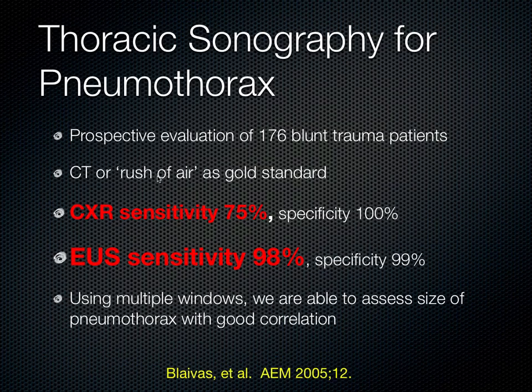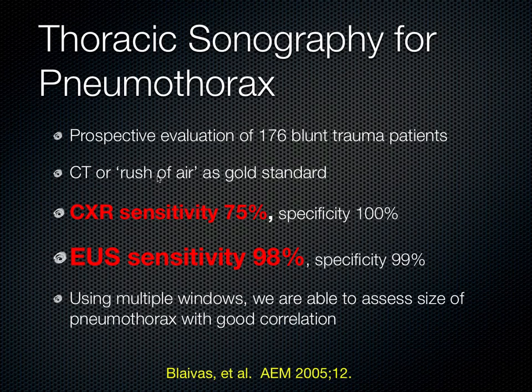However, in comparison to that, ultrasound has been looked at and it appears to be significantly superior to chest x-ray for the supine population, which in the ICU is the majority of our patients, at least mostly recumbent. The prospective evaluation done in the emergency literature was in blunt trauma patients.